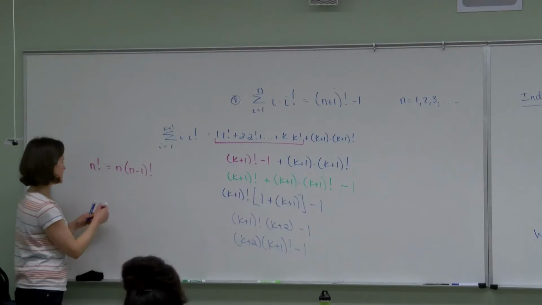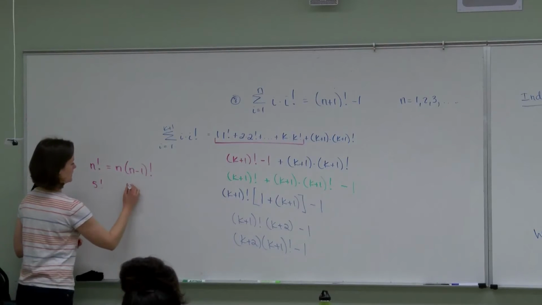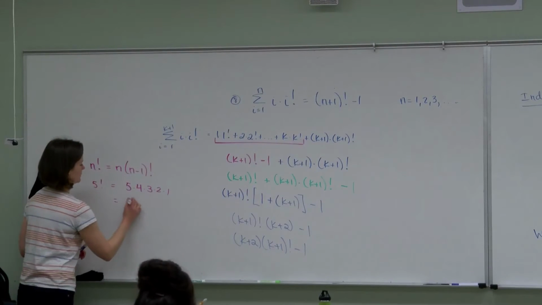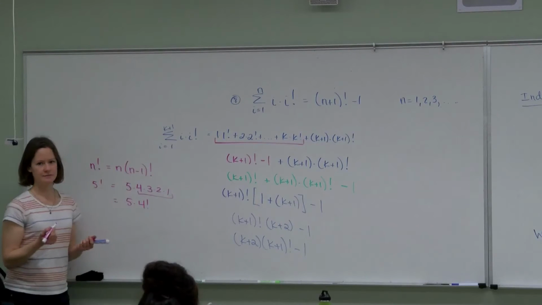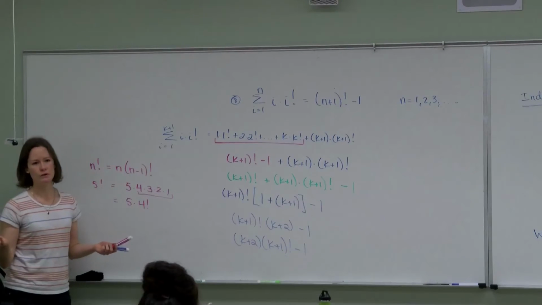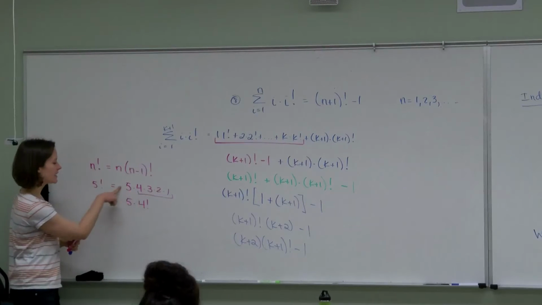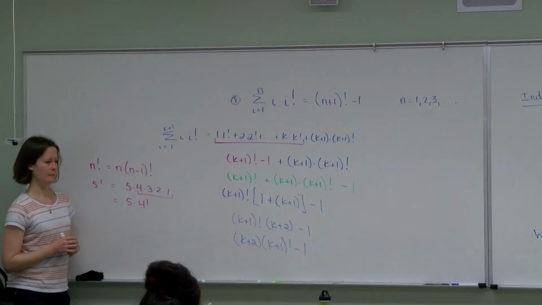If it helps to think about an example, 5 factorial is 5 times 4 times 3 times 2 times 1, which is 5 times 4 factorial. And that should hold regardless of what n is, because you're just peeling off that last integer and then taking the product of the remaining ones.